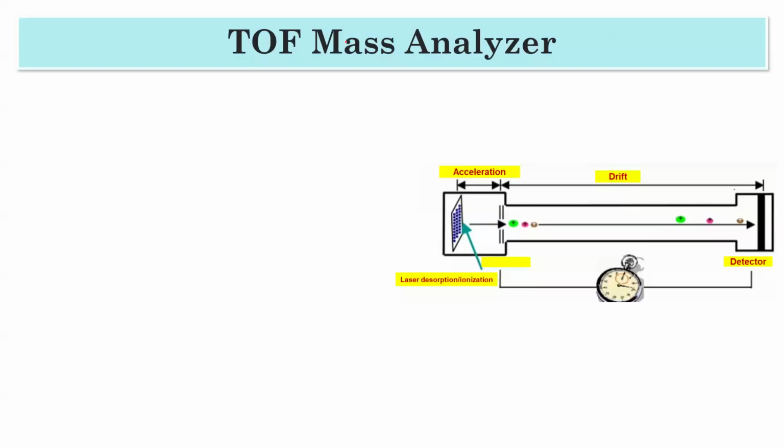Next is the TOF mass analyzer. What's happening in a TOF mass analyzer? Suppose it was MALDI. You dissolve your molecule from the surface, and then you have some acceleration chamber.